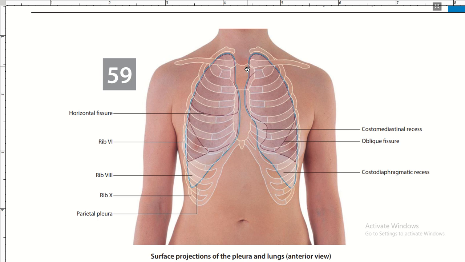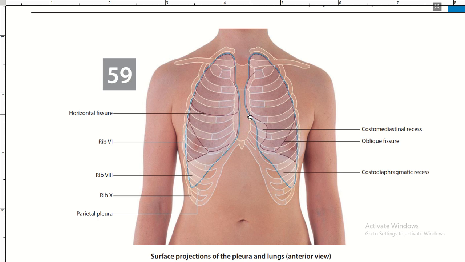As for the left lung, the anterior border is sharp and overlaps the heart. You have to understand that, right? It also starts behind the sternoclavicular joint and descends.